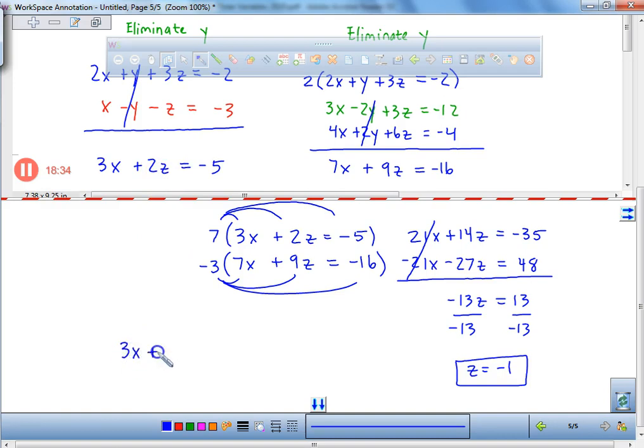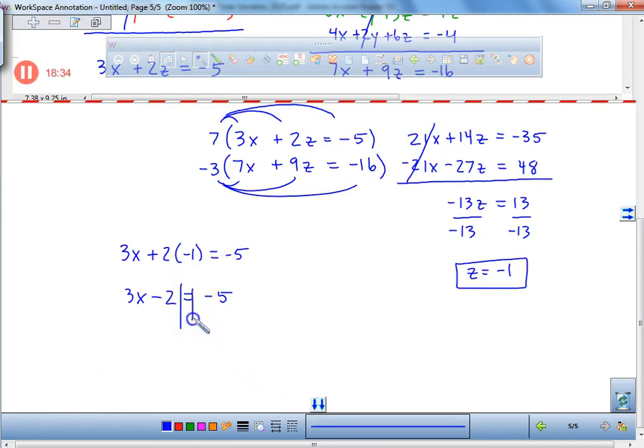So watch this. 3x plus, what is 2 times -1? -2. So check it out, guys. We have 3x minus 2 equals -5. Does everybody understand what I'm doing here? If not, I'll pause and I'll explain. All right. So what do we got to do to both sides, guys?